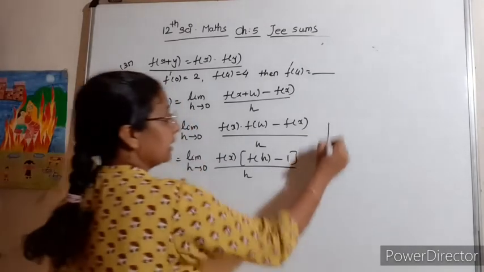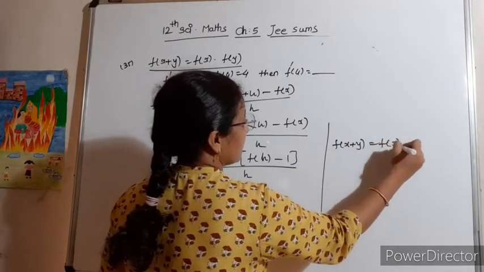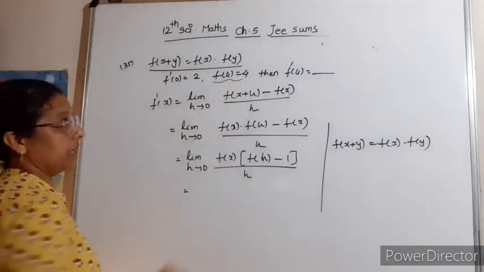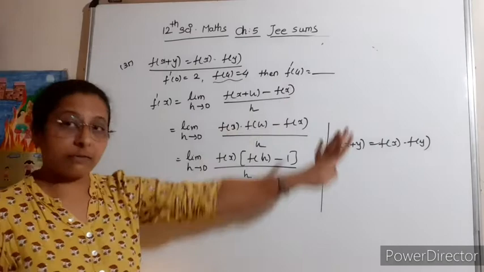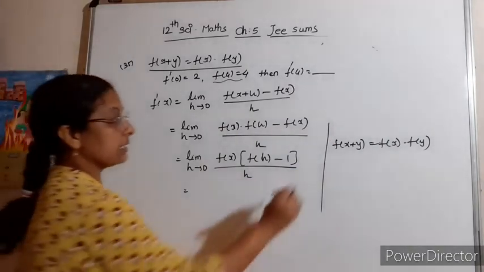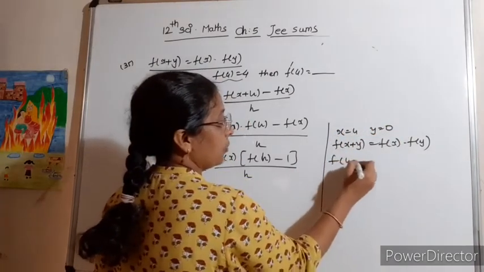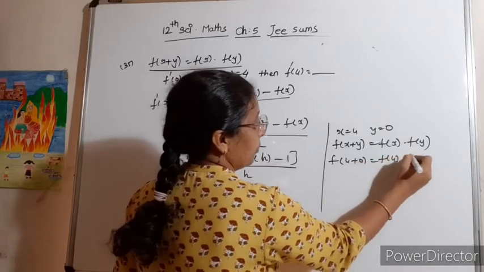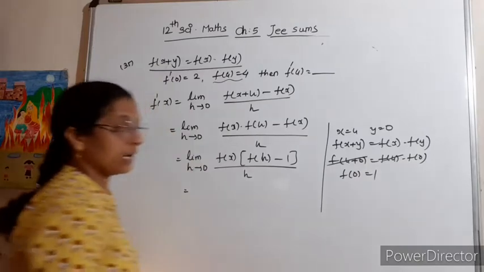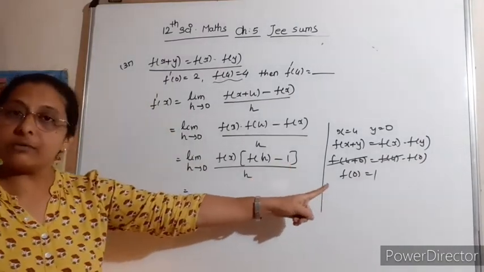Here it is given f of x plus y is equal to f of x into f of y. Then we have the value here, f of 4 दिया है और f dash 4 ही फाइंड करना है. तो x is equal to क्या ले लेंगे? 4 and y is equal to क्या ले लेंगे? 0. So here 4 plus 0, 4 into f of 0. ये f of 4 कट, तो f of 0 क्या मिल गया? 1. So instead of here we'll write 1, f of 0.